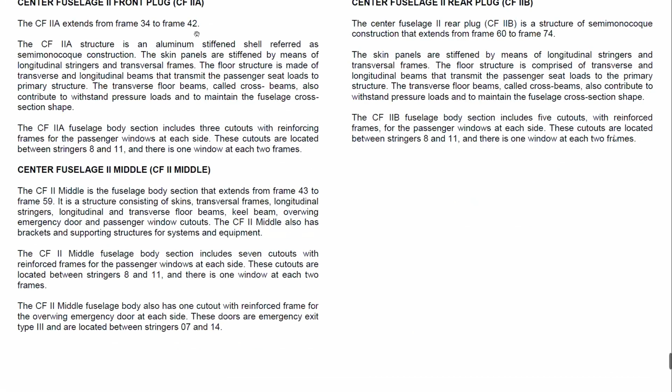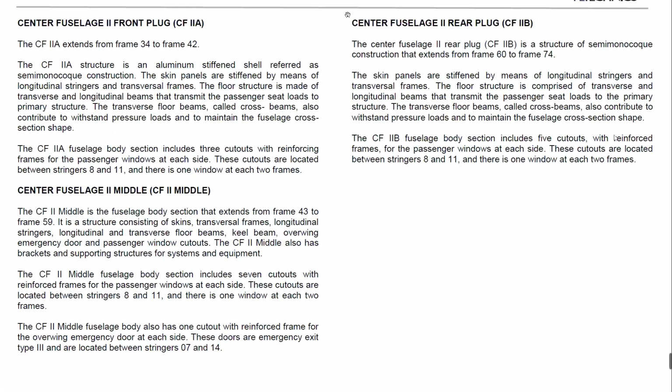With this additional marking: center fuselage 2 plug A, center fuselage 2 middle plug, and center fuselage 2 plug B. Again, it's not necessary to remember all these stringers and frames which are here. Just remember that in Embraer 195, the center fuselage 2 is divided additionally into 3 different sections.